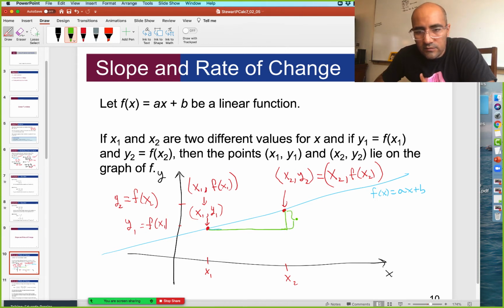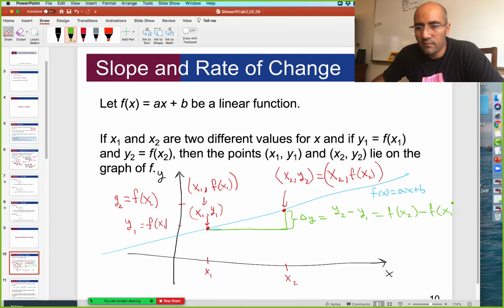Then this distance right there, well, it's going to be the change in the y direction, delta y, which is also equal to y sub 2 minus y sub 1, which is also equal to f of x sub 2 minus f of x sub 1. Right?